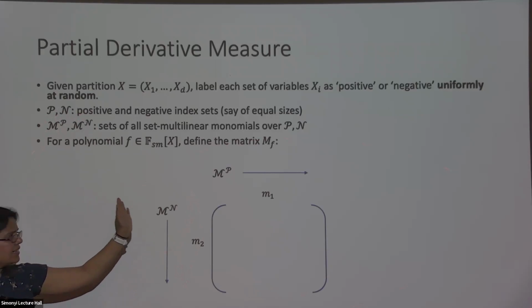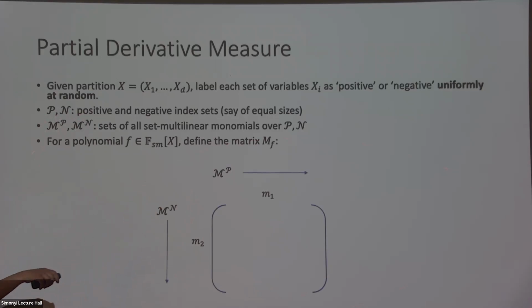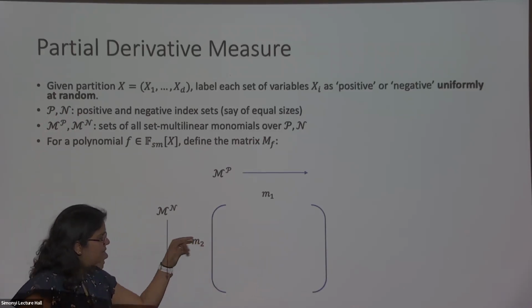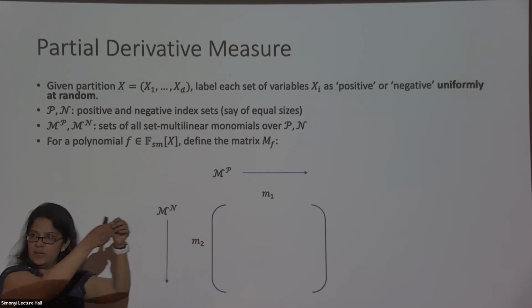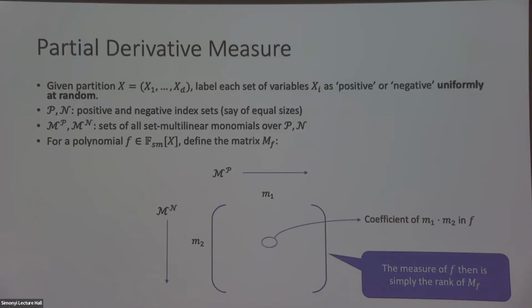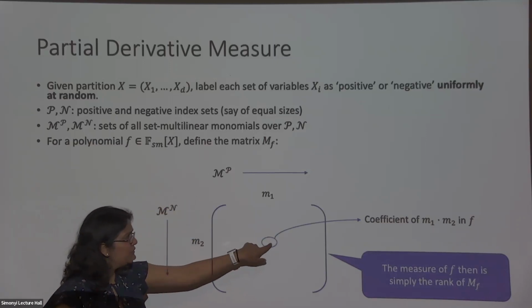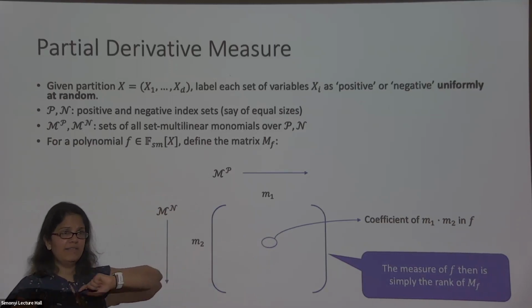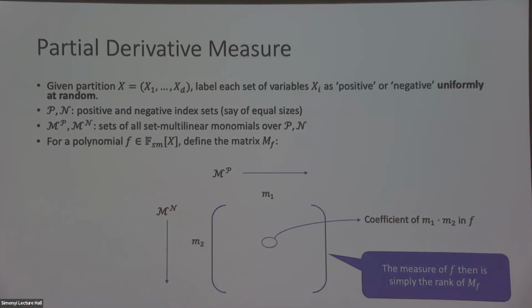The columns are indexed by all set multilinear monomials coming from the positive set. For the ij-th entry, I look at the corresponding monomial from here and the corresponding monomial from there, and I look at their product. It gives me a set multilinear monomial overall, and I check: does it appear in my final output polynomial? If it does, whatever the coefficient is, I write that in the ij-th entry. So if we look at m1 here and m2 here, the coefficient of m1 times m2 in my final output polynomial, I write it there. Now I look at this big gigantic matrix, and the rank of this matrix is the complexity measure we will be looking at.